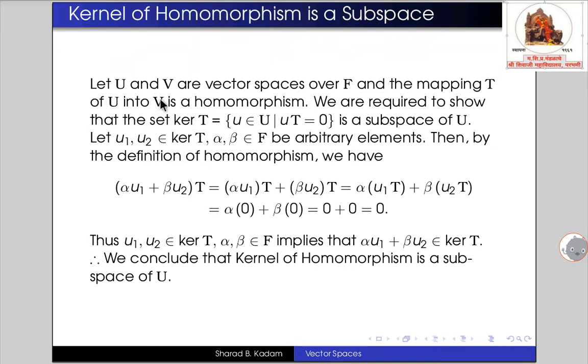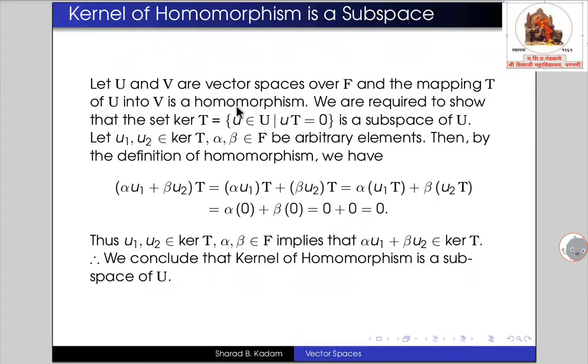So let U and V be vector spaces over the field F, and T is a function from U into V that is a homomorphism. Here T is a homomorphism means what?